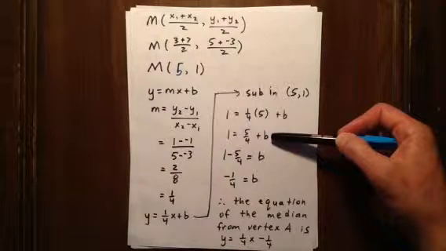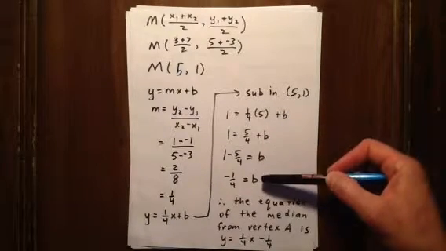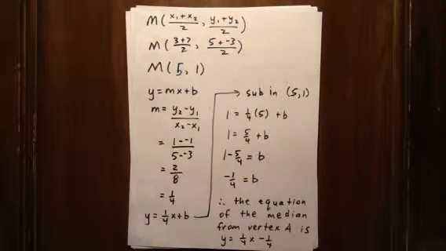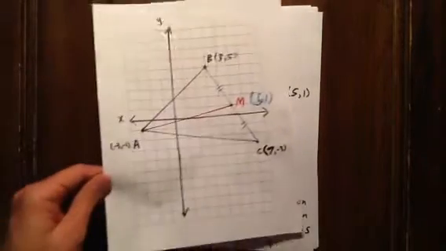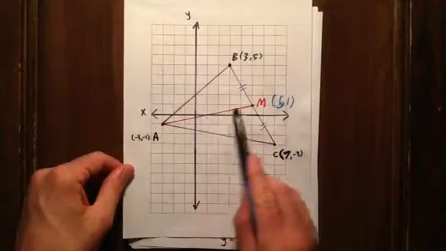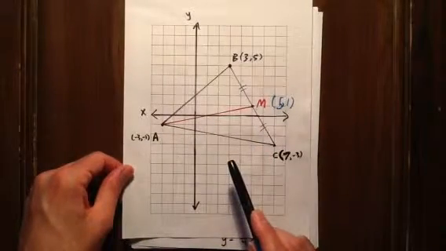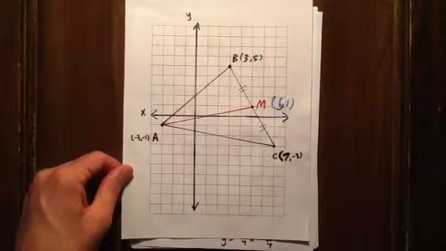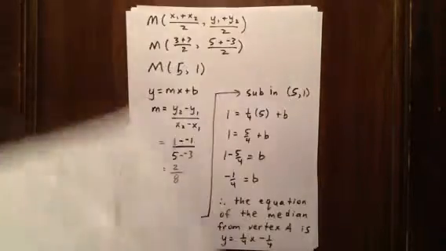So 1 is equal to 5/4 plus b, and we end up realizing that b is equal to -1/4. So the equation of the median from vertex A is y equals 1/4 x minus 1/4. And that makes sense because it looks like this red line has a slope of about 1/4, and it looks like that y-intercept is about at -1/4. Okay.